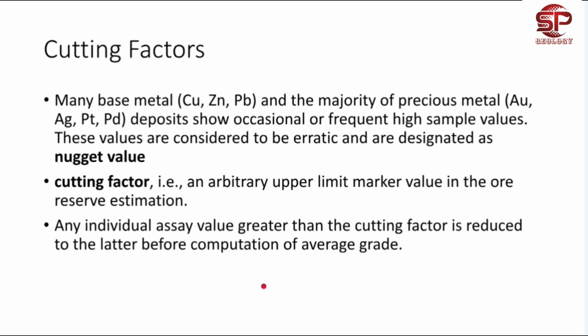Then cutting factors. What are the cutting factors that are used for calculating the grade? Some cutting factors are used because I am taking a homogeneous sample. That day I was telling you why sampling is done like this, ranging from the pit, and after that we go for coning and quartering to make the sample homogeneous.